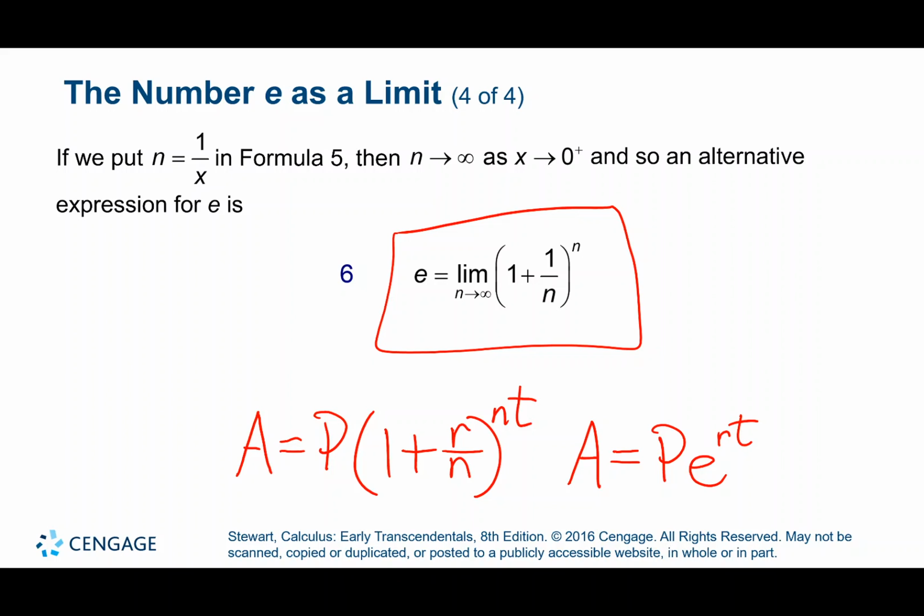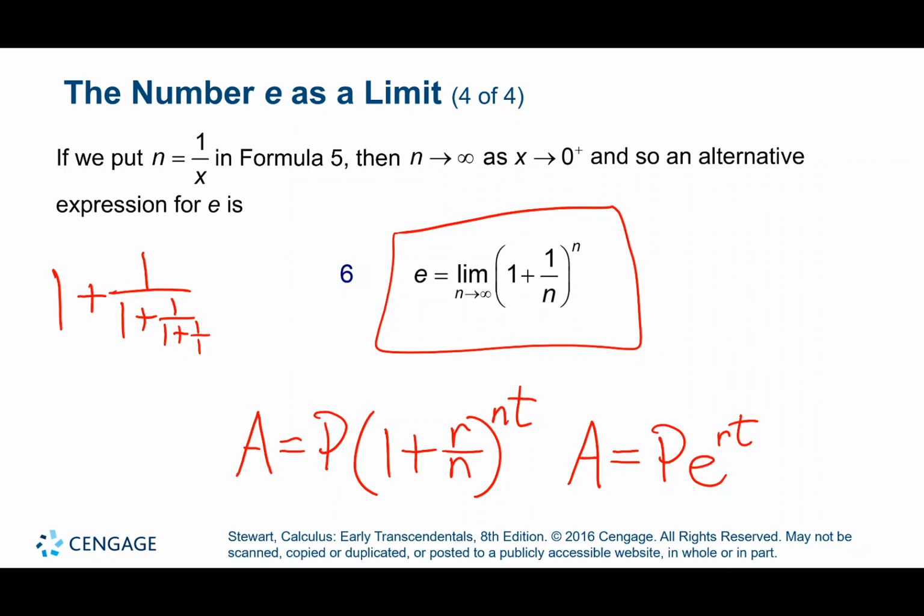How many of you have to go on and take Cal 2 that you know of? Okay, so you'll see some more definitions for e. You can define e as what's called a continued fraction, where you've got 1 plus 1 over 1 plus 1 over 1 plus 1 over 1.